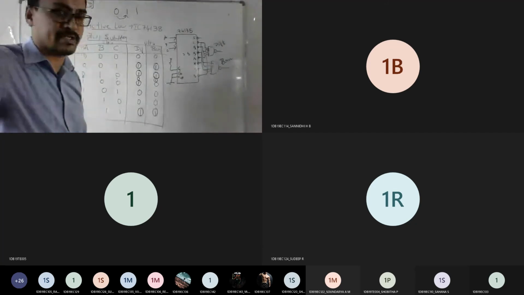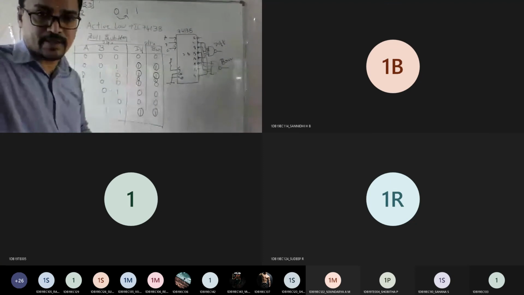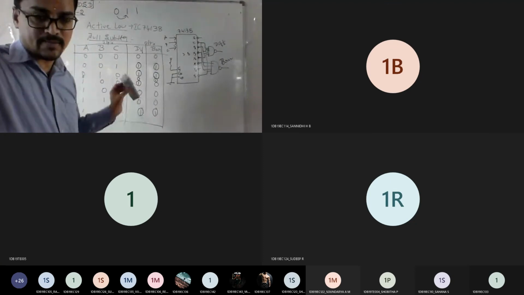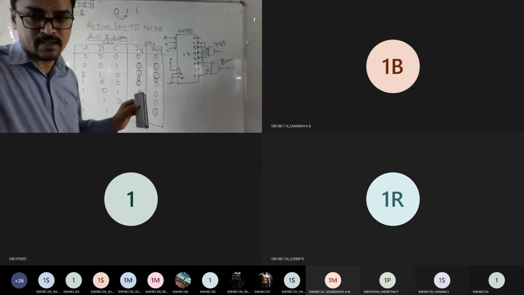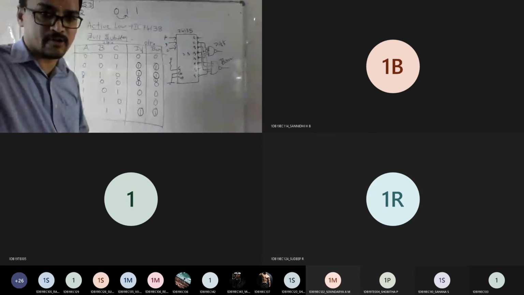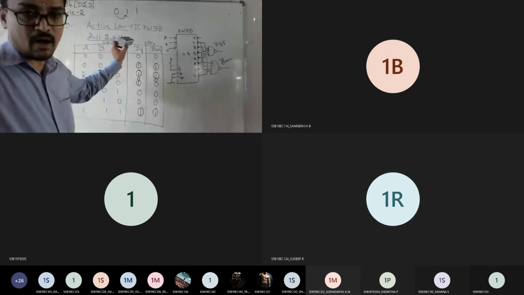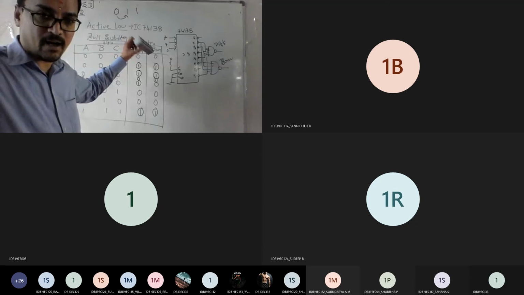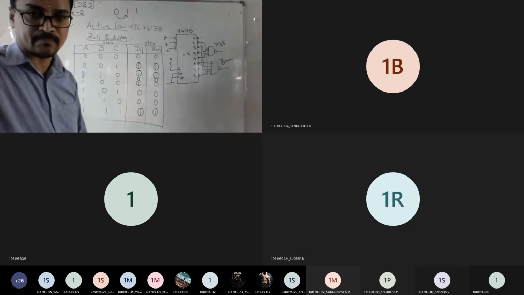See, it's a very important question for 6 to 8 marks. Read the question carefully, don't be in a hurry. If it is asked only to implement using a 3:8 decoder, then it is purely active high, and you can pick whether it is SOP or POS form. Default will go for SOP form. But when they give active low or IC 74138, you need to go with what we did just now.